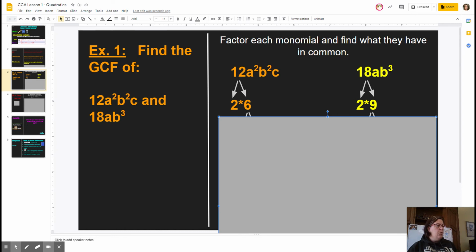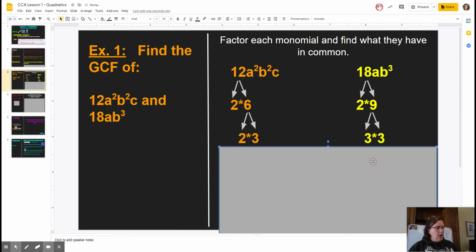Now, I'm going to focus just on that coefficient first. And then once you break it down into that first factor pair, then you ask yourself, can I break it down any further, or do I have prime numbers? I know that 6 is not prime and neither is 9. So I'm going to break those two numbers down as well into a factor pair.